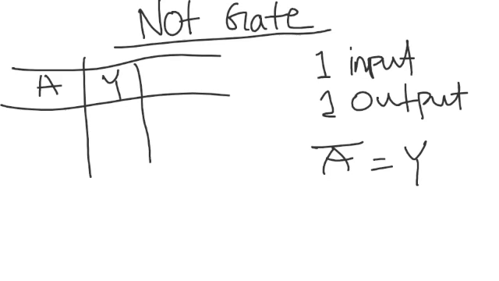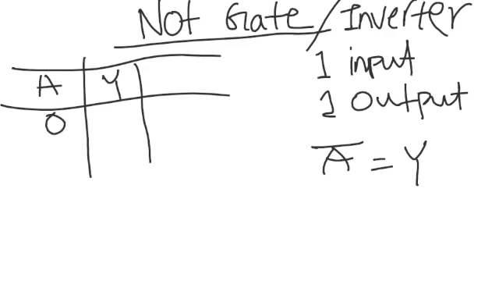The NOT gate is also called an inverter gate. So it's going to be 0, 1, 1, 0. This is the truth table.